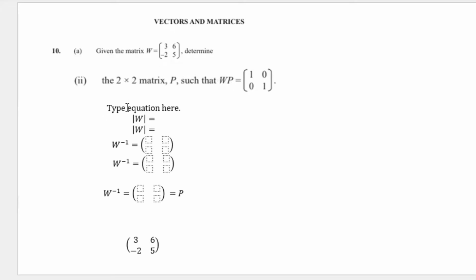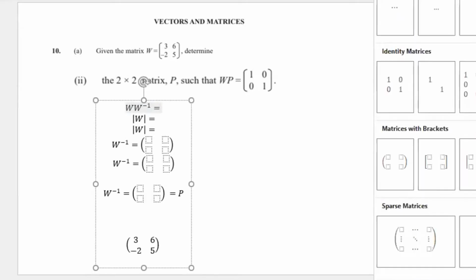So basically what we're doing then is W being multiplied by the inverse of itself, which would give us this identity matrix.